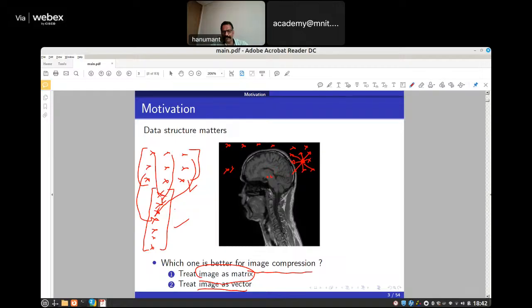This is the natural form of the data. When you write it in vector form, this correlation is broken, because the top three pixels will be somewhere, and the entire correlation and its direction is lost.